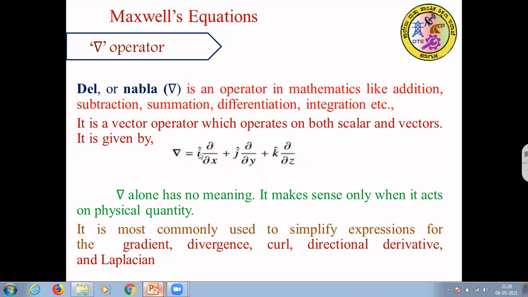If it is one dimension, we can consider it as just the first component, i cap ∂/∂x. Only this part is considered. Del operating on different functions has different meanings. We will look into the other details.